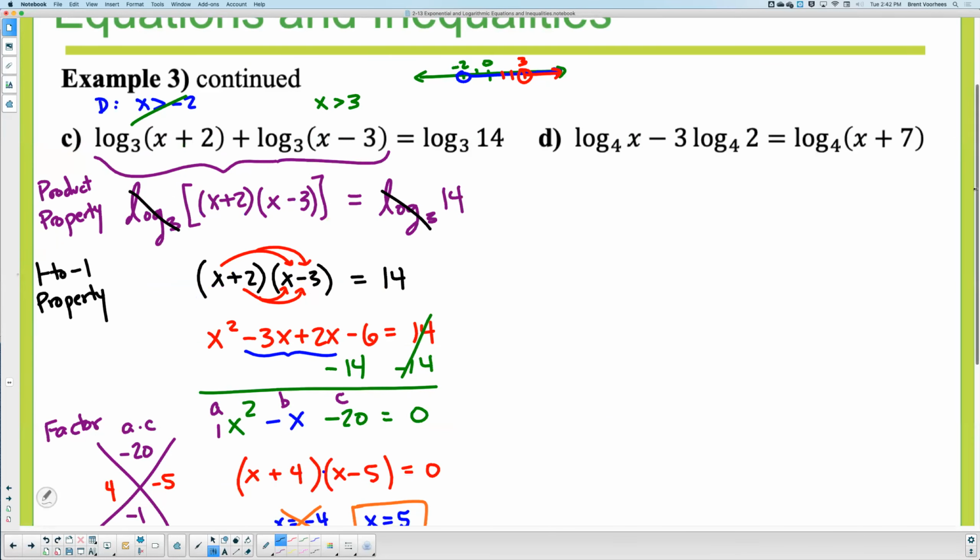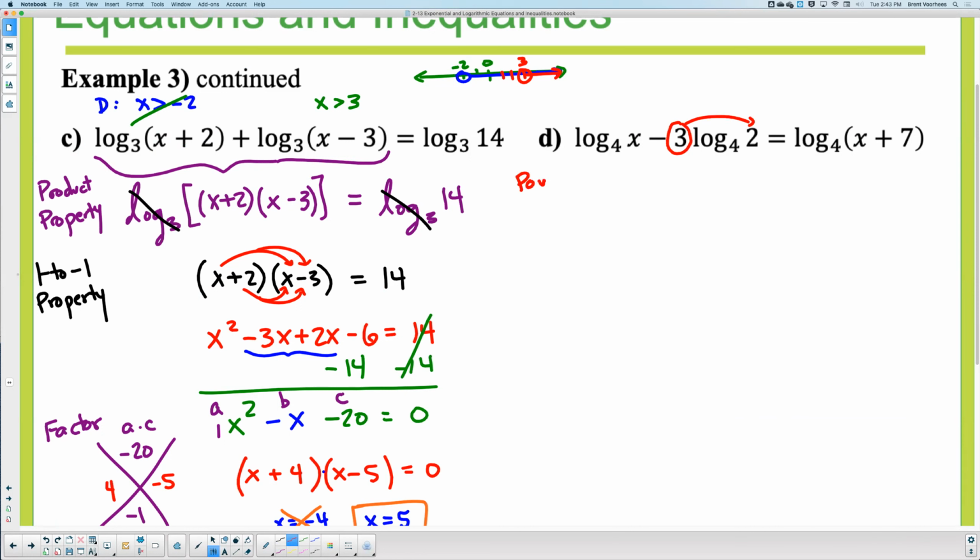Okay, part D. To combine these, can I combine these two logarithms right now? No, I have to perform something first. I can't divide the 3 either because I'd have to distribute the division. What could I do with the 3? Power property.